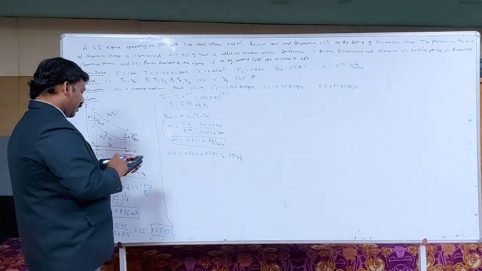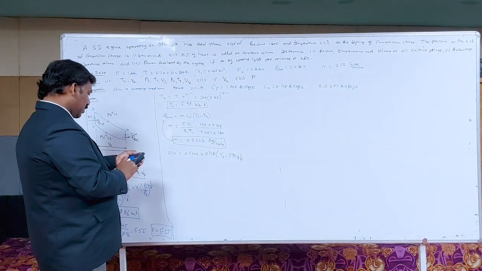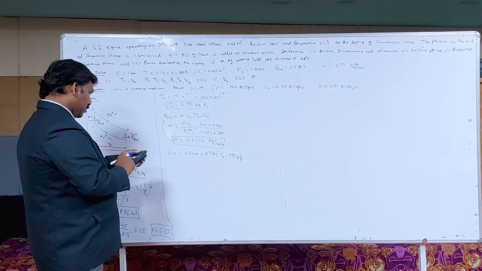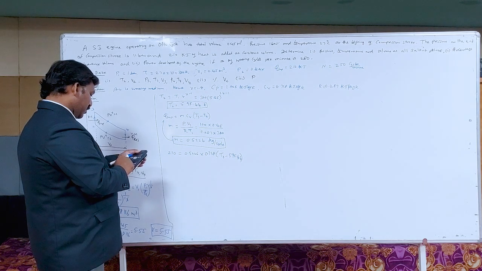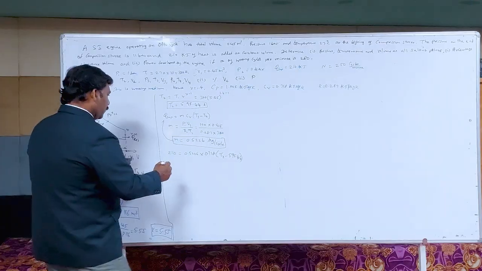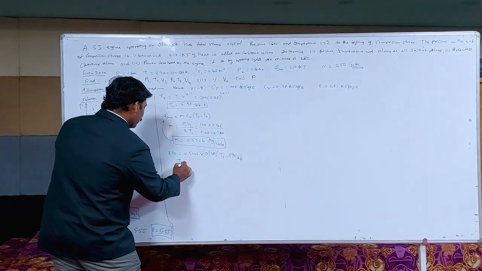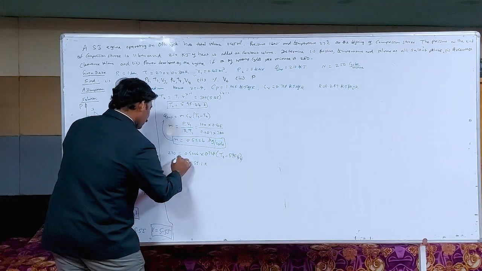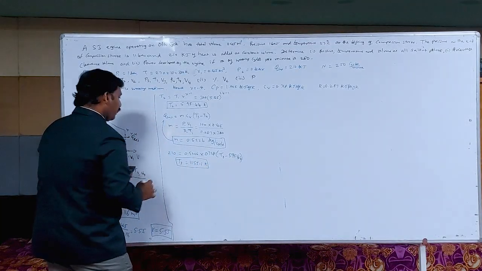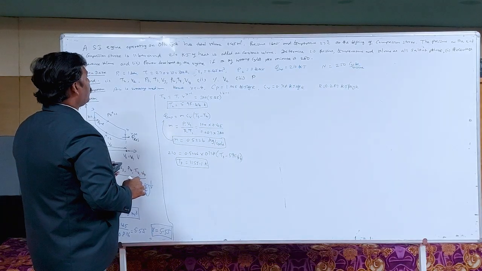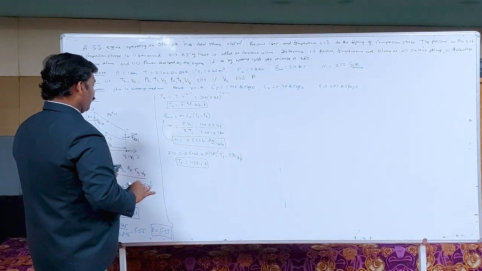So now we get the T3 value as 210 divided by 0.5226 divided by 0.718 plus 595.44. The value is 1155.1 Kelvin. So now we know T3, then we have to find out P3 as well as V3.